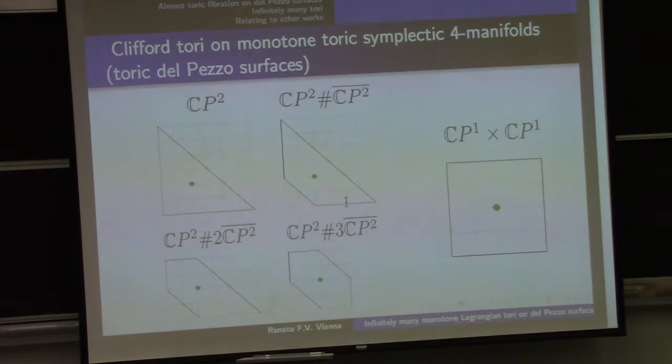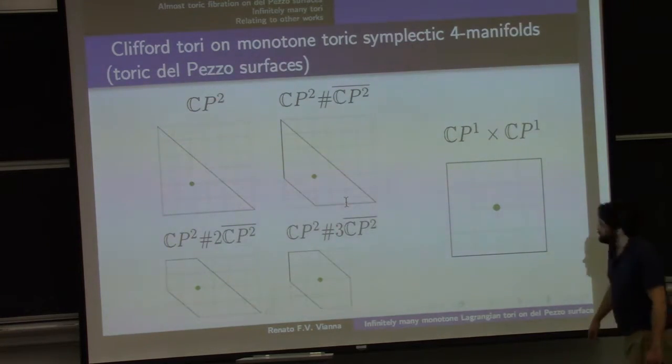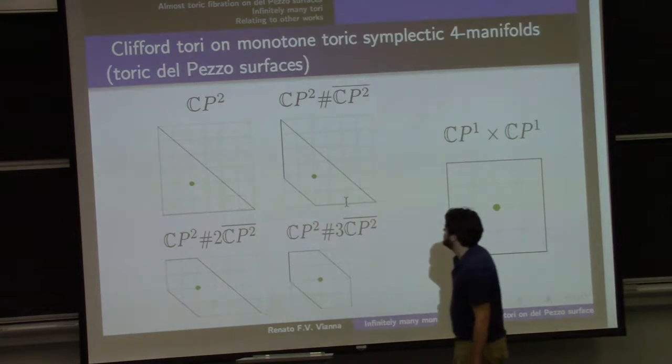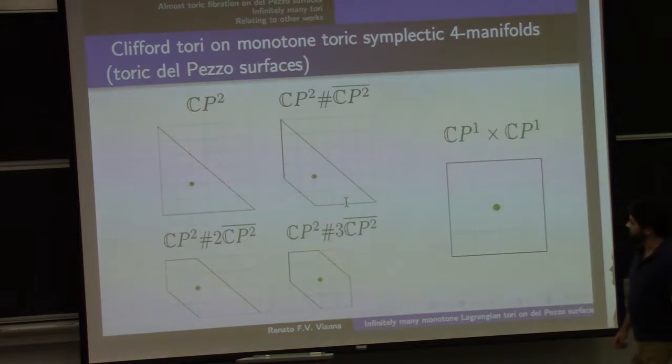A few examples that we have are in the monotone toric case. If you take the barycenter of the moment polytope, it is going to be a monotone Lagrangian, and these are all the examples of a Fano manifold that is at the same time toric and monotone.